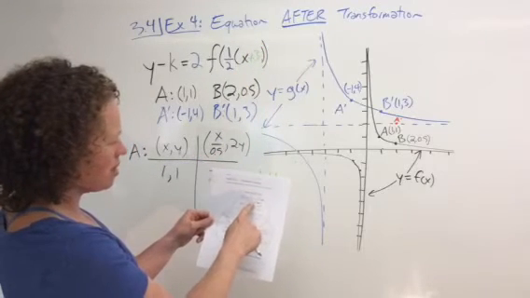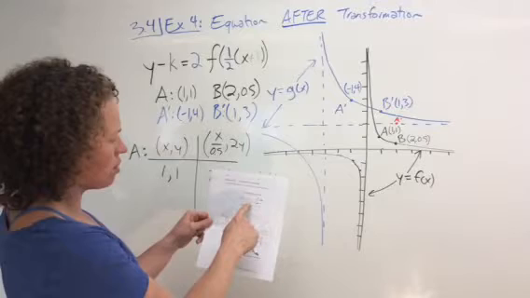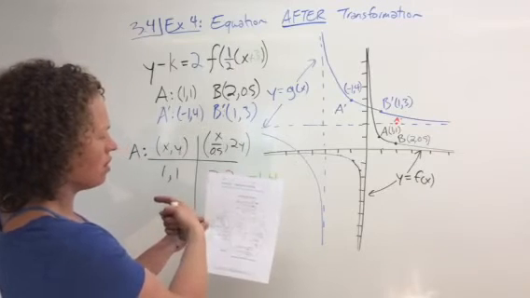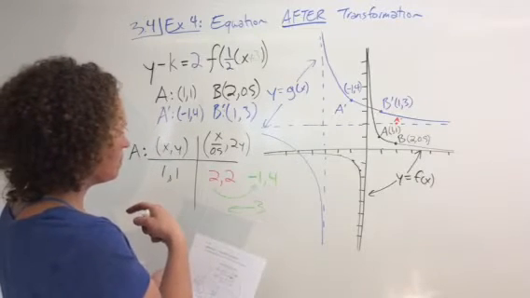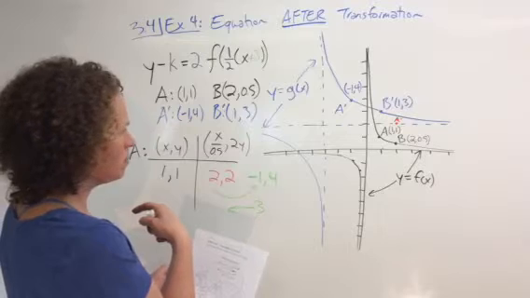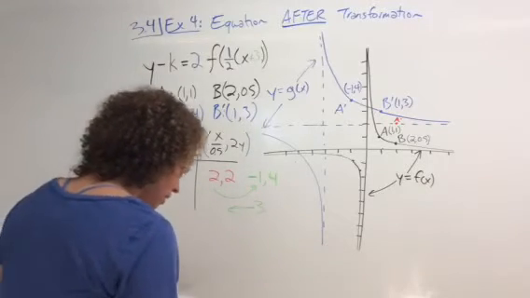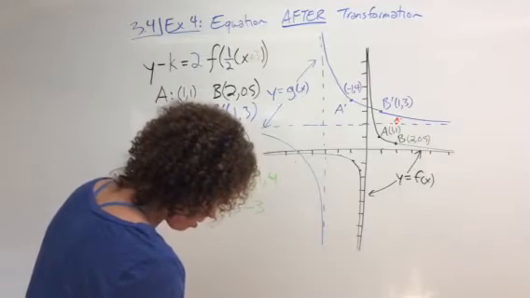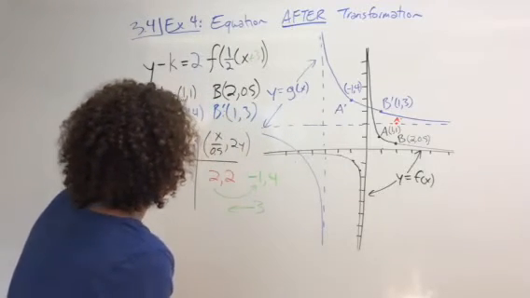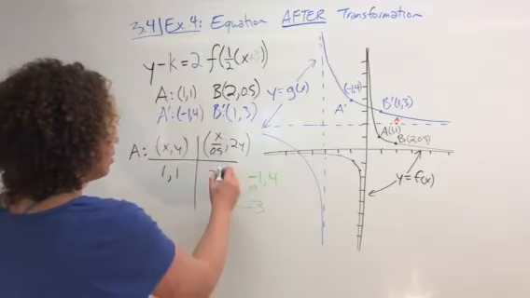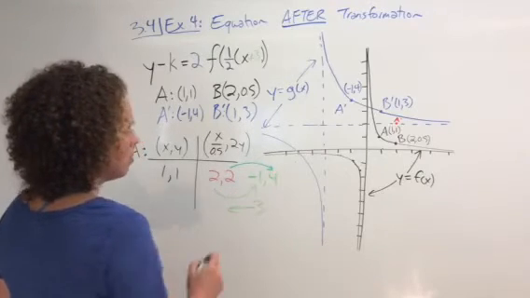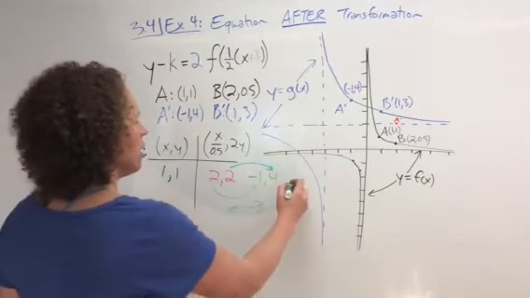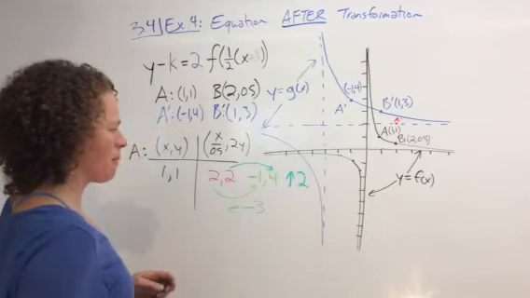That tells me that it's inside the brackets, so it's a horizontal shift, and it's positive, so it's going left. Now, I'm going to take, oh, there we go, got the better one. 2 became 4, so it's gone up 2.